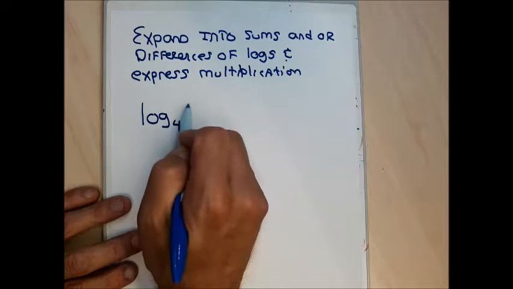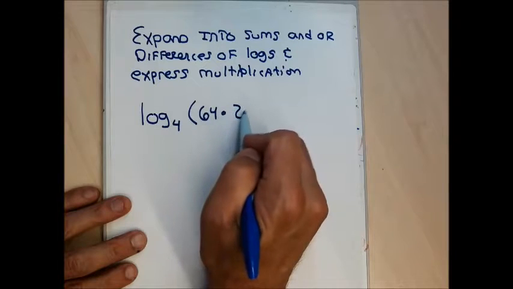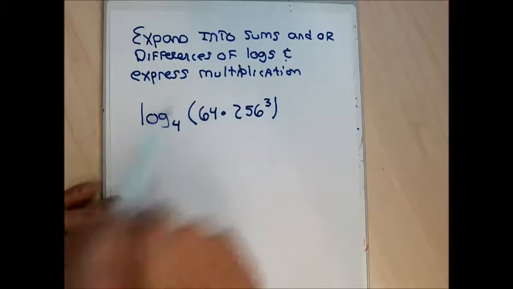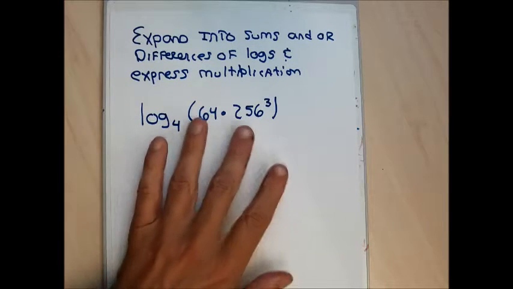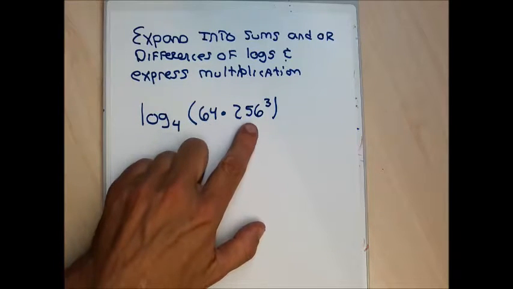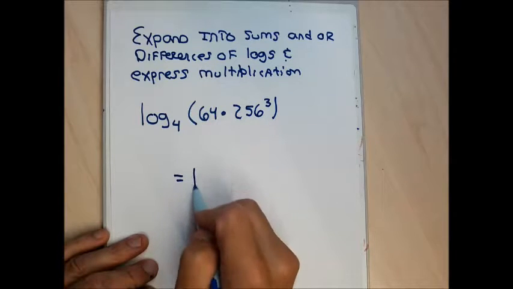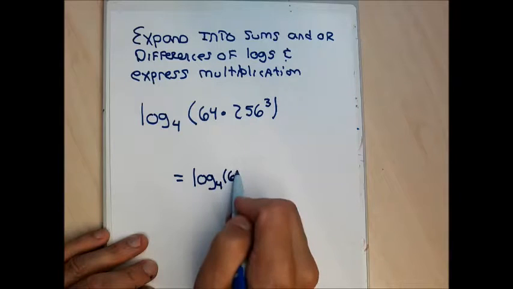Take the log base 4 of 64 times 256 cubed. If I want to expand this into logarithms, I'm going to expand it into two logarithms because there's two numbers being multiplied, 64 and 256 cubed. To expand this into multiple logs, I need one logarithm, base 4 for the 64.